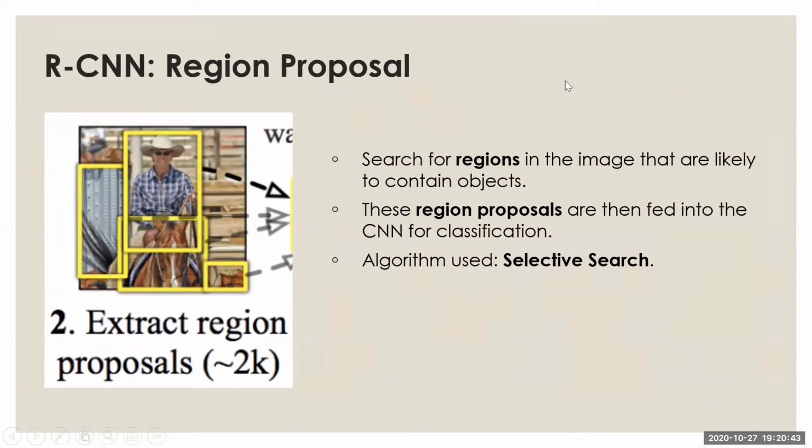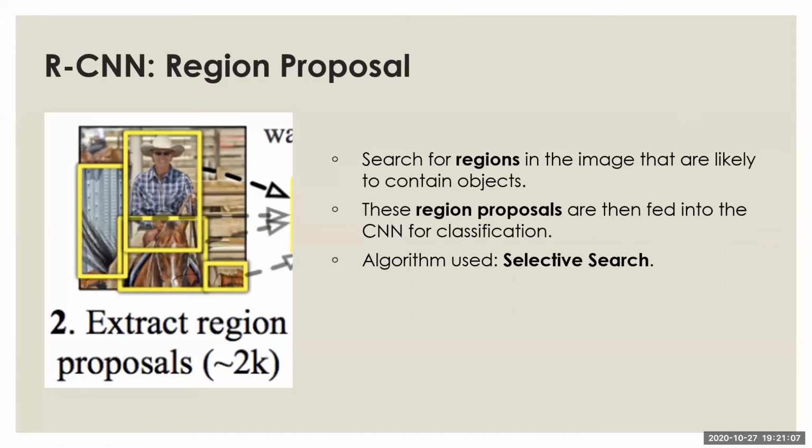Since we discussed selective search, obviously the algorithm that RCNN uses is selective search. For RCNN particularly, we're trying to find about 2,000 region proposals using this selective search algorithm. After we find these region proposals, we then feed them into the CNN for classification.